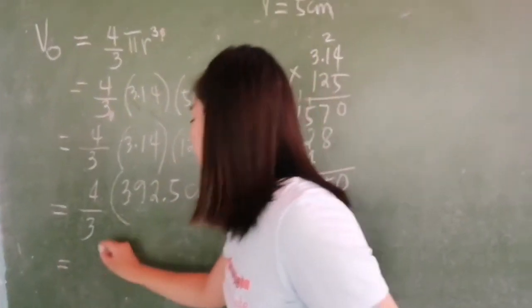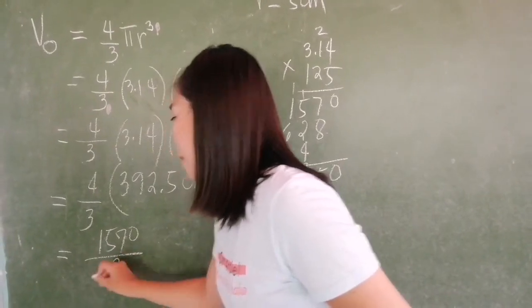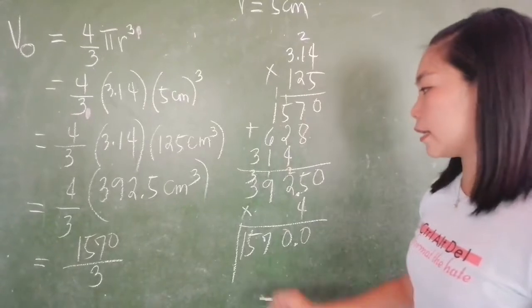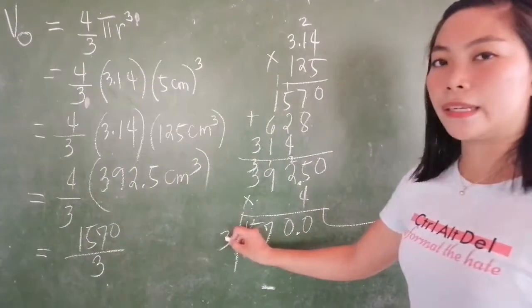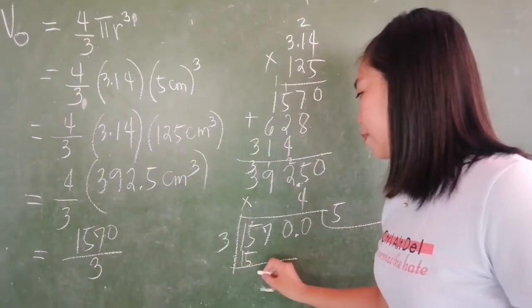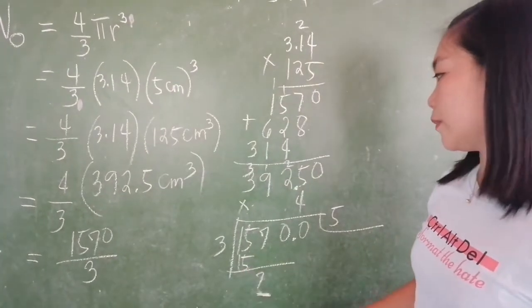So, you have 1,570 divided by 3. Ano po yung sagot? Diretso na lang din natin. Divide by 3. 15 divided by 3, you have 5. So, you have 15. Bring down 7. Since 15 minus 15 is equal to 0.